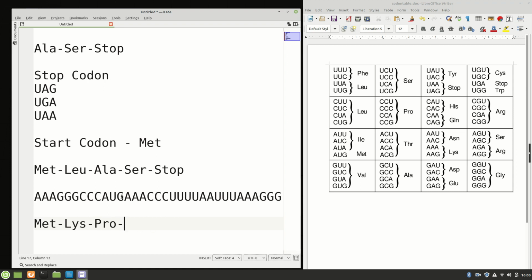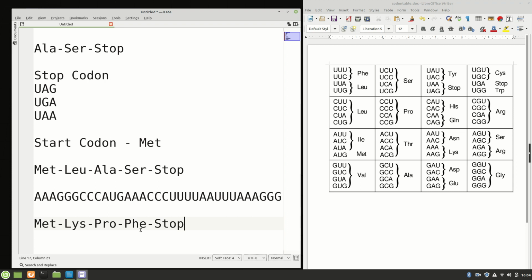UUU, right? Yes, UUU. Phenylalanine, PHE. All right, and then UAA. And UAA is a stop, and that would be your amino acid sequence for this protein.